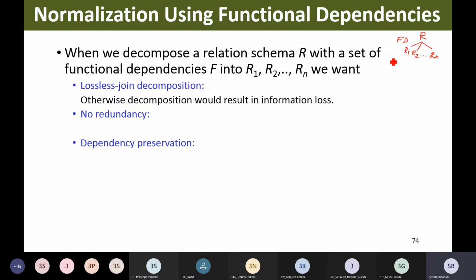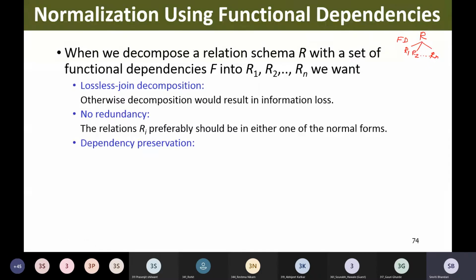That is why we want our decomposition to be lossless join decomposition. Secondly, we do not want any kind of redundancy. And that is the reason why we prefer one of the normal forms for performing the normalization.